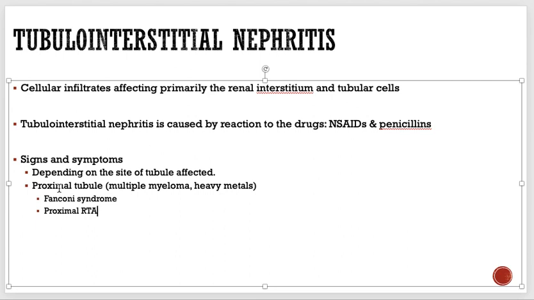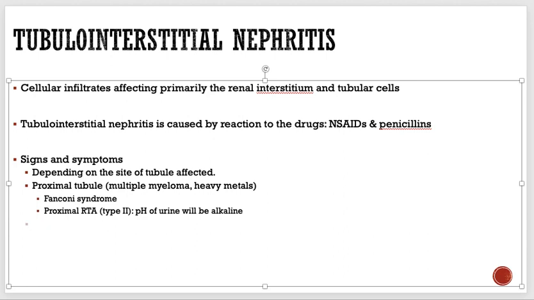Remember, the proximal one, type 2, is the problem with bicarbonate reabsorption, and type 1, or distal, is the problem with hydrogen ion secretion. So in type 2 there will be decreased reabsorption of bicarbonate, so the pH of the urine will be alkaline, simply. It's not rocket science.